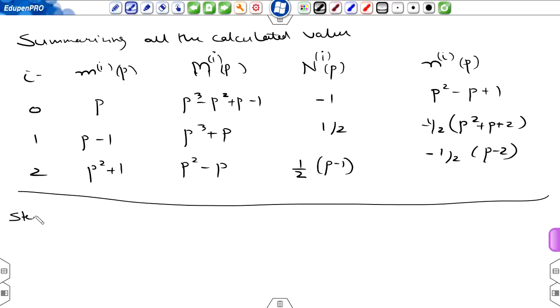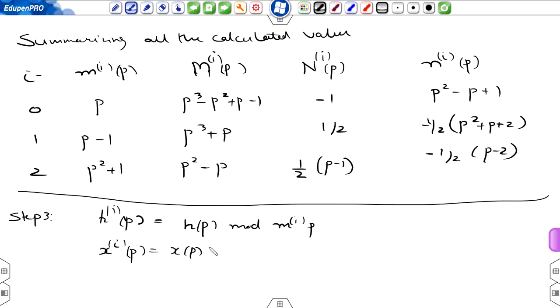Now in step 3, we have to calculate h of ip, that is equal to h of p mod m of I p, and x of I p, that is equal to xp mod MIP for I equal to 0, 1 and 2.